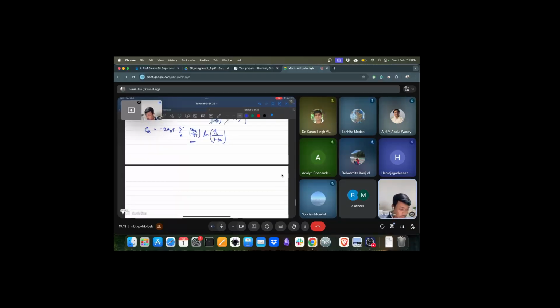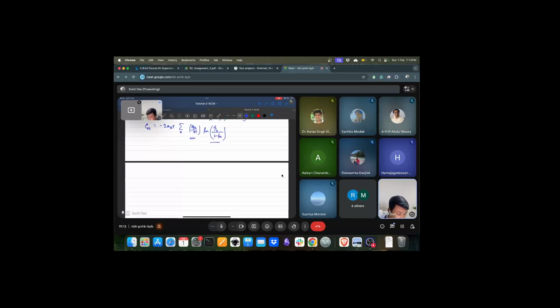Okay, so we need to do this part and this part individually. If you actually do the work, Fk by 1 minus Fk will be 1 by e to the power beta Ek plus 1. So what will be 1 minus Fk? 1 minus Fk will be 1 minus 1 plus e to the power beta Ek, that means 1 plus e to the power beta Ek, e to the power beta Ek, right?